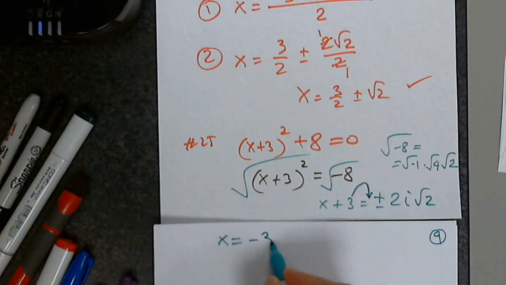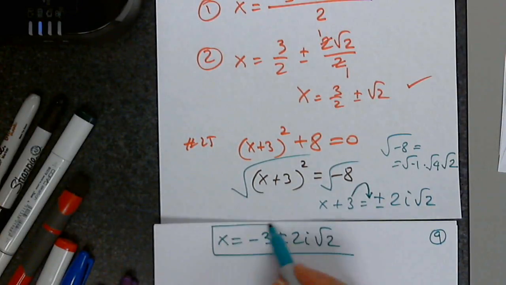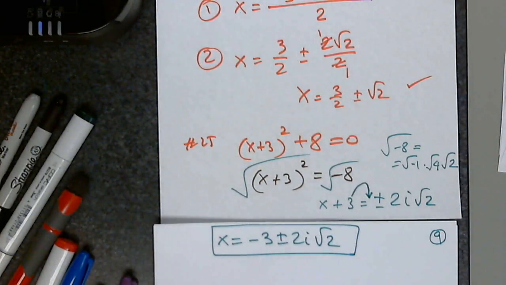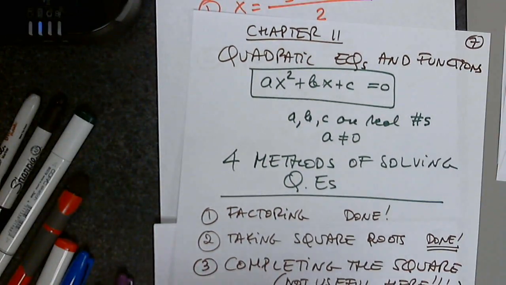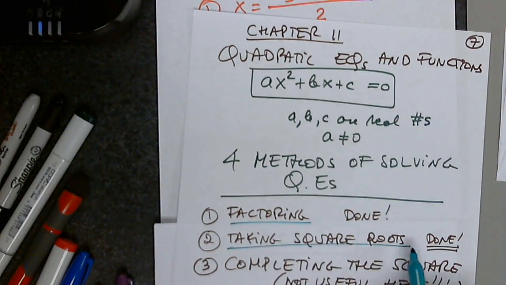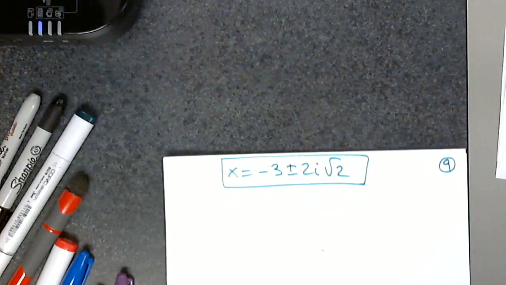So x equals -3 plus or minus 2i the square root of 2. Okay, so I would say then that this is indeed done, and now we are ready for completing the square, as the third method.